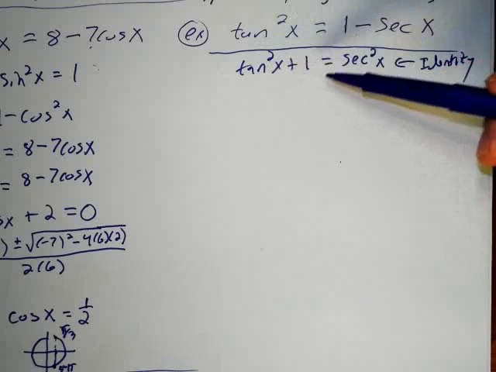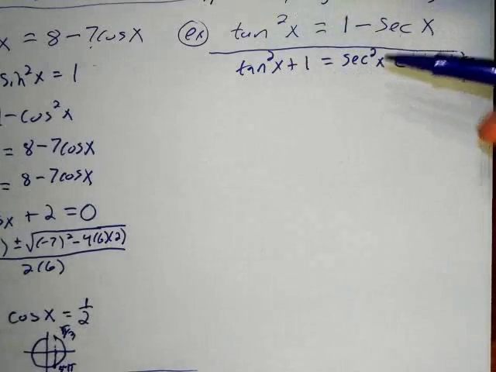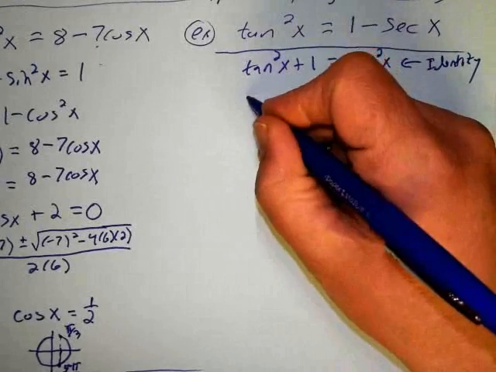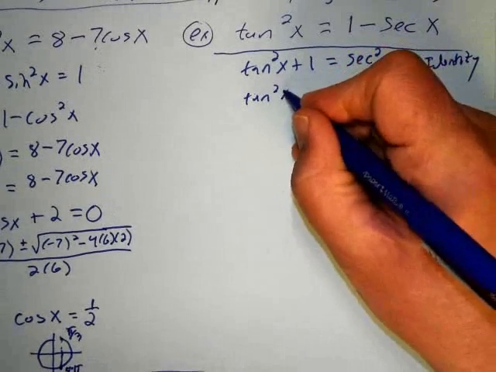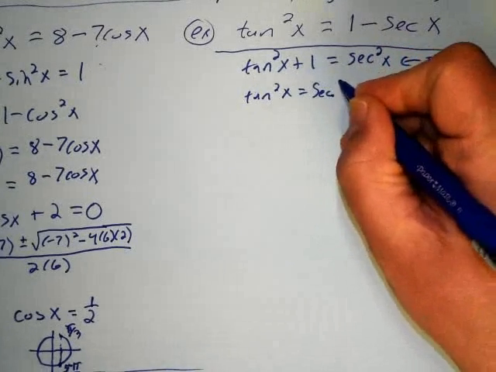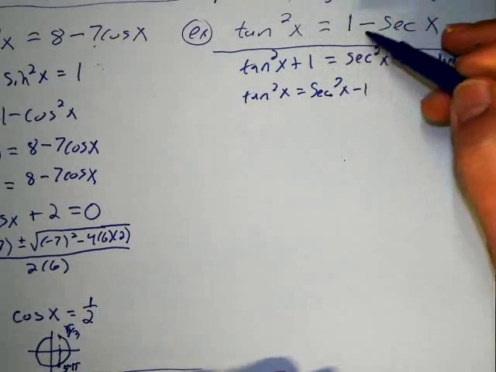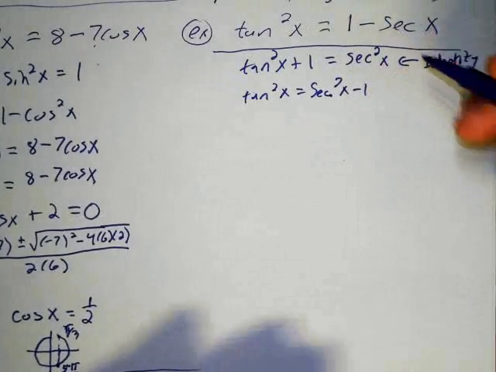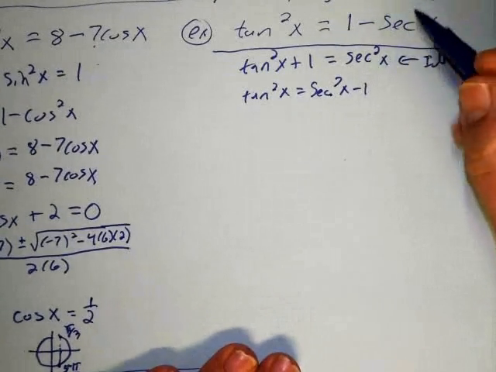Okay, so that relates these together, and so what I'm going to do here is solve this for tangent squared x, right? And this is equal to secant squared x minus 1. So funny, because this is so similar to the identity, isn't it? So it's a little confusing. But the point here is this is the linear term, right?